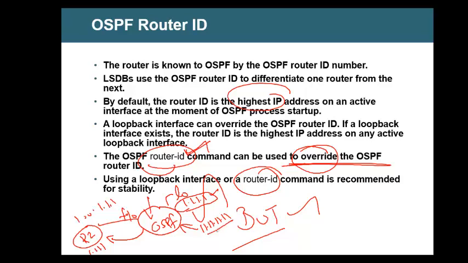I take your configuration, but I cannot change my name immediately. I accept your new name, 11.11.11.11, but I cannot immediately change my name because I have already told everyone my name is 1.1.1.1.